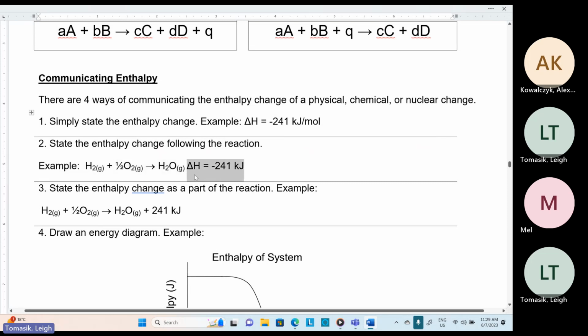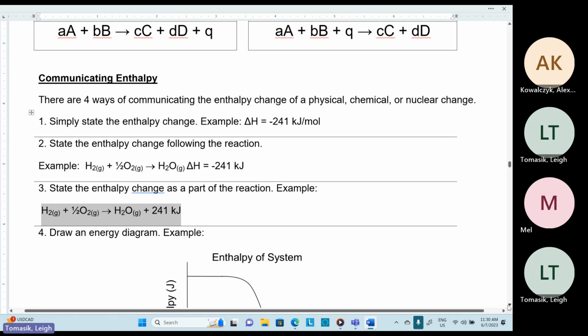So you can see the delta H is still there, and you can see that the enthalpy here still has the negative sign. But when we write it as a part of the chemical reaction, there will not be a negative sign. You know it's exothermic if the enthalpy is written on the right-hand side, and you know it's endothermic if the enthalpy change is written on the left-hand side, right?